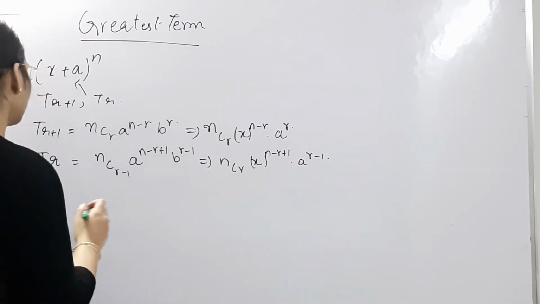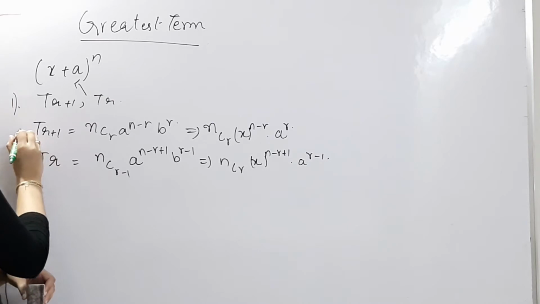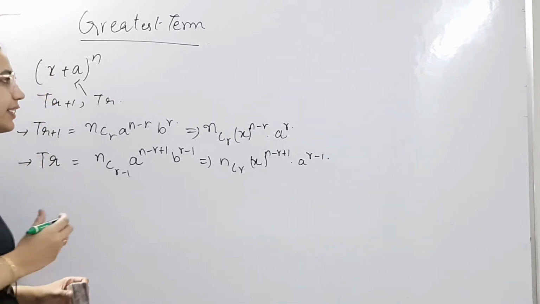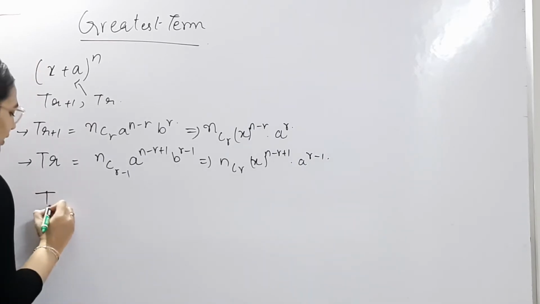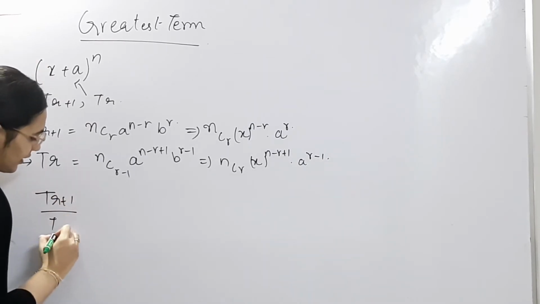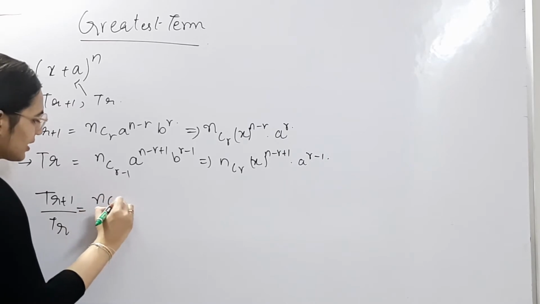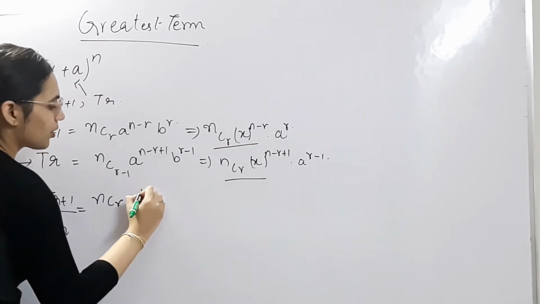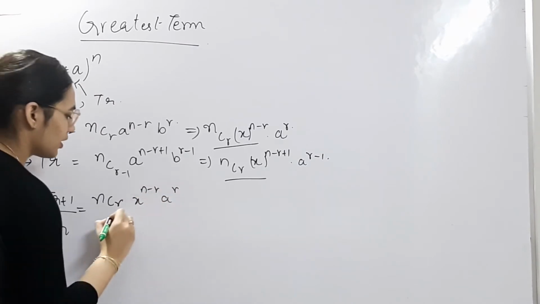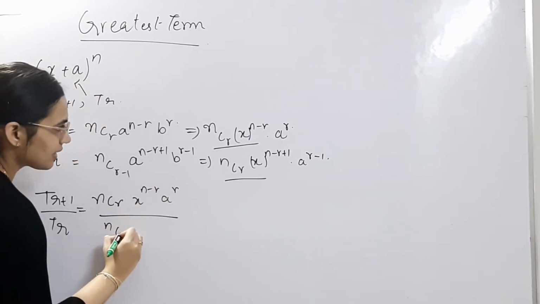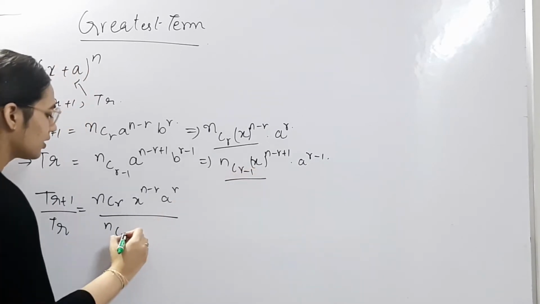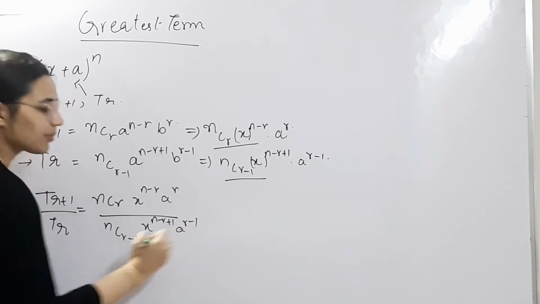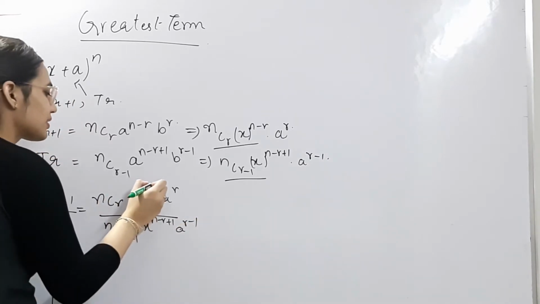Right. So after finding T(r) and T(r+1), you need to divide T(r+1) by T(r). What do we get? We get nCr, x to the power of n minus r, a to the power of r, divided by nCr minus 1, x to the power of n minus r plus 1 into a to the power of r minus 1. So now you need to simplify.